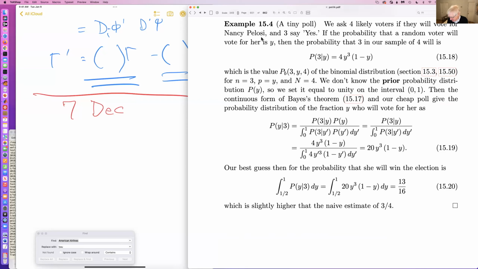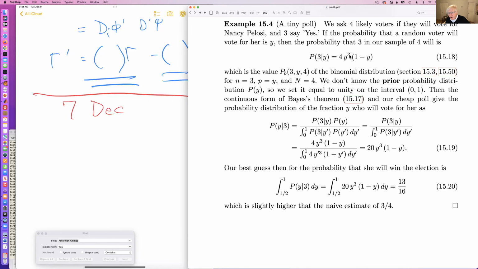Nancy Pelosi is presently the Speaker of the House of Representatives, and she's been a member of Congress representing part of San Francisco for many, many years. Anyway, if the probability that a random voter will vote for her is y, then the probability that 3 in our sample of 4 will is the probability of 3, given that the average probability is y.